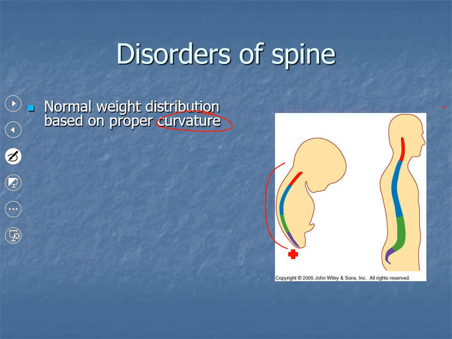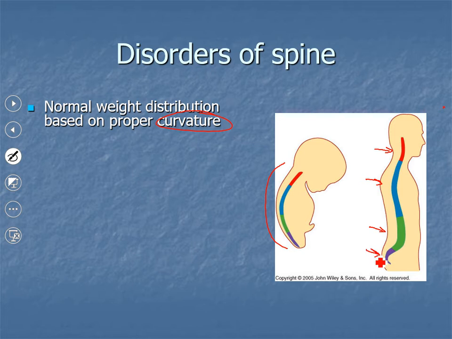As an adult, we have more than just one curve. We have the original curve that we had as a child, which is basically the thoracic curve, but you also have a curve inward at the neck, a curve inward at the lumbar region, a curve outward at the sacrum.